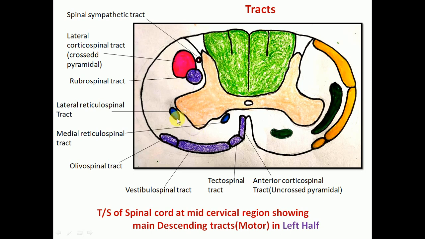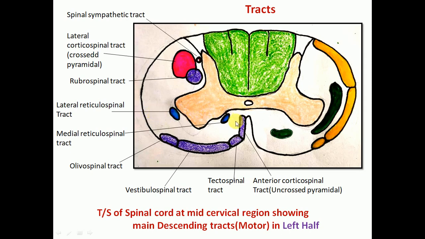Now another two tracts can be seen. One is within the anterior white column and another within the lateral white column, the medial and lateral reticulospinal tracts. Lateral reticulospinal tract is concerned with the thoracolumbar outflow, meaning preganglionic fibers of the sympathetic system, and is related to the flexor response in the skeletal muscles, while medial reticulospinal tract is related to the sacral outflow, or preganglionic fibers of the parasympathetic nervous system.